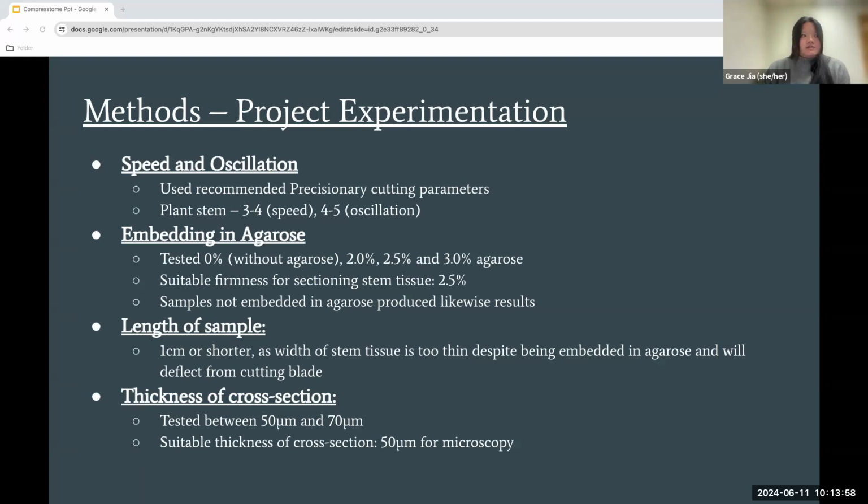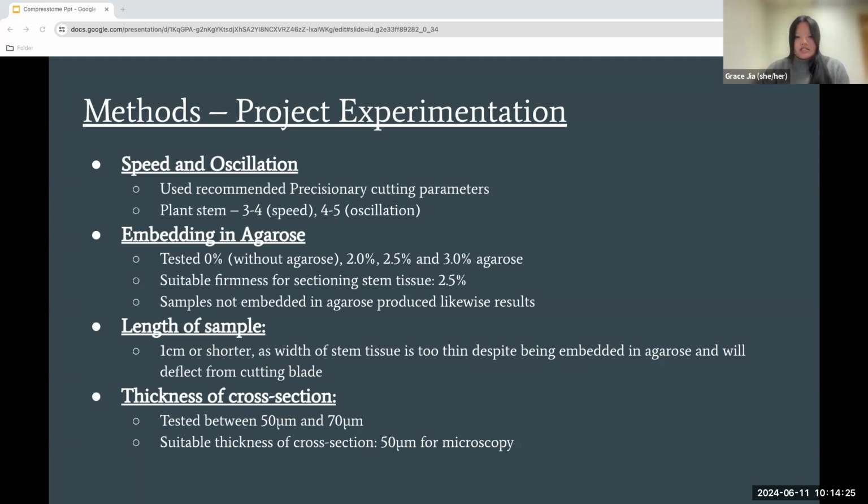Because stems can be quite thin, the length of the sample is also a very important factor, and it was discovered that about 1 centimeter or shorter is a suitable length, as otherwise the tissue is too thin despite being embedded in agarose and will deflect from the cutting blade.